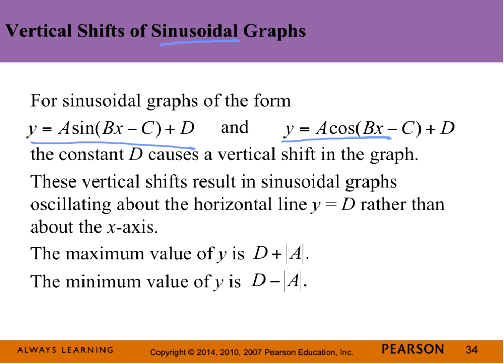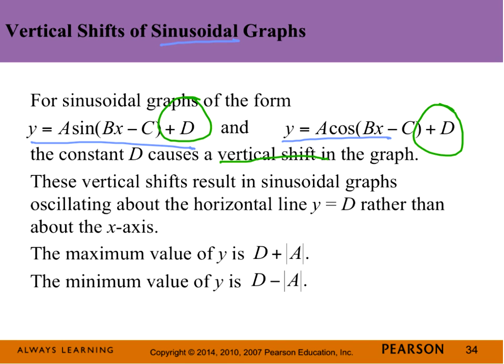And now we have an added value onto the end here. And once again, if you think back to college algebra, when you added or subtracted a value outside of the function, so I've already taken the sine or the cosine here, and then I tack on a value to the outside, that causes a vertical shift in the graph here.